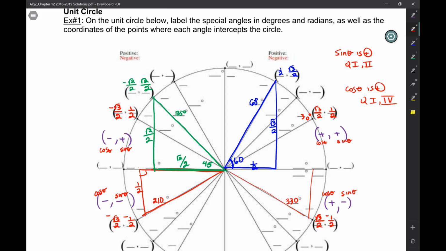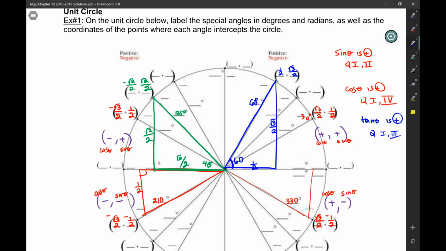If it's positive over positive, would tangent be positive or negative here? Positive. What about here? Negative. What about here? Positive, because it's negative over negative. And here it's negative. So let's write down tangent of theta is positive in what quadrants? 1 and 3. Believe it or not, you have to remember all this at a moment's notice.